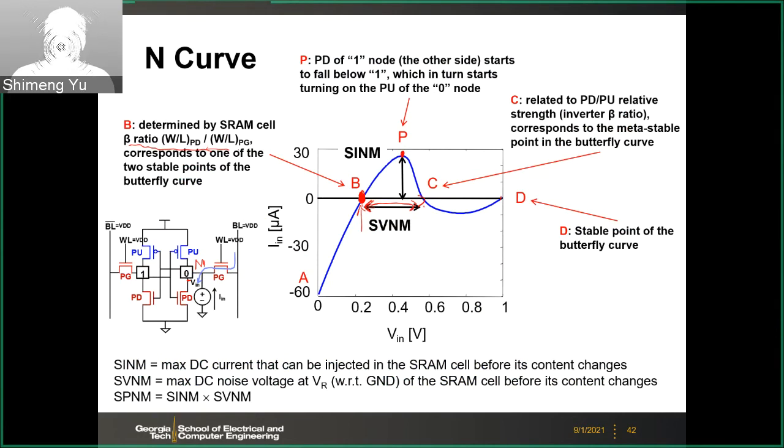If you have additional voltage, then it may flip. And also, here this is if you think about the current, this is the maximum current you can inject to the N1 node before it flip. So here we can define the noise margin for the voltage and current simultaneously.